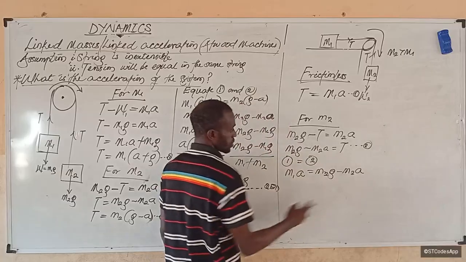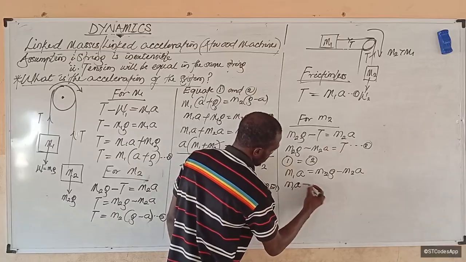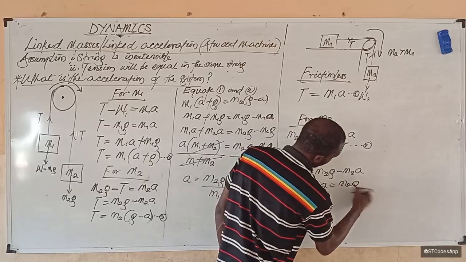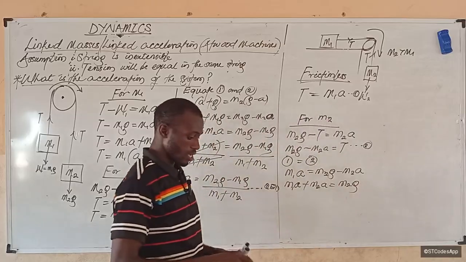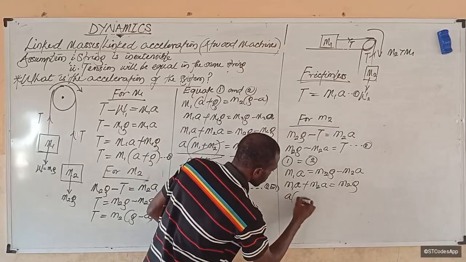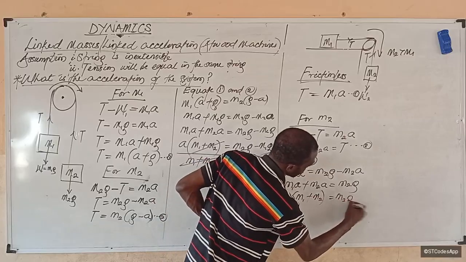Let's bring the ones that have A together, collecting like terms. We have M1A plus M2A is equal to M2G. So acceleration times (M1 plus M2) is equal to M2G.